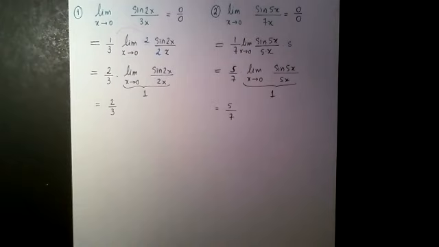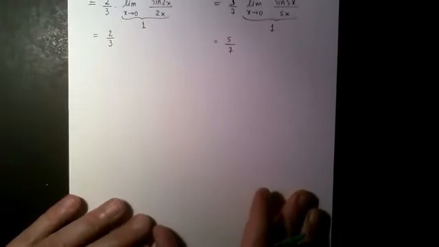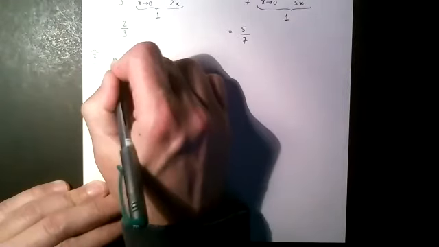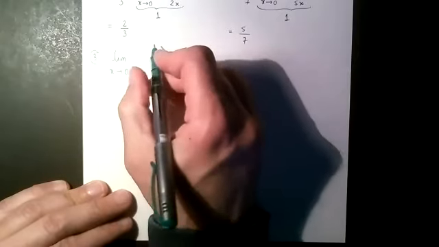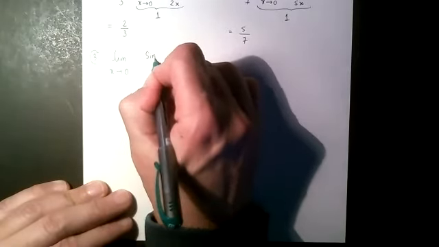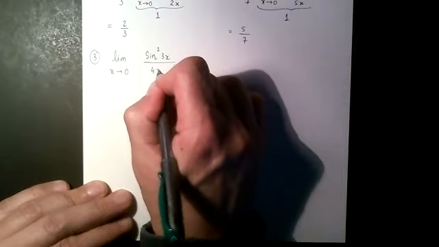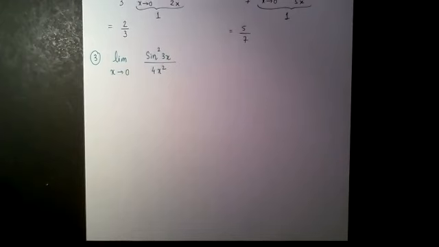Okay, let's go another one. Number 3. Limit as x approaches 0 of, let's complicate things a bit, sine squared of 3x divided by 4x squared.